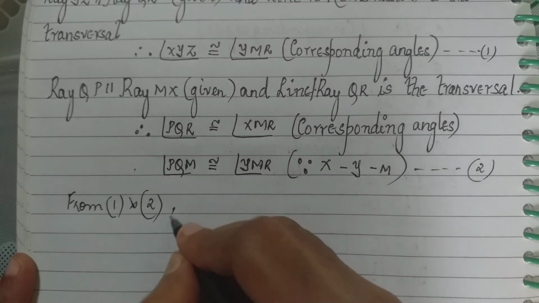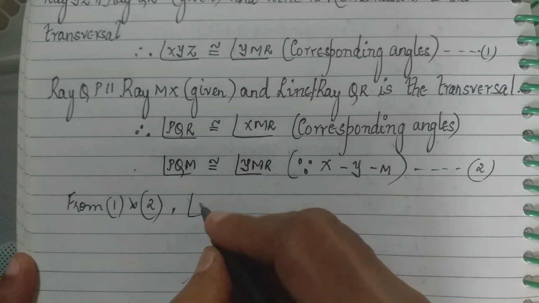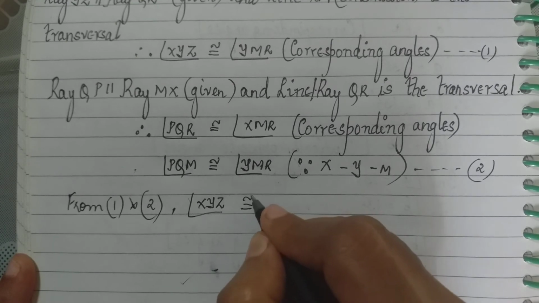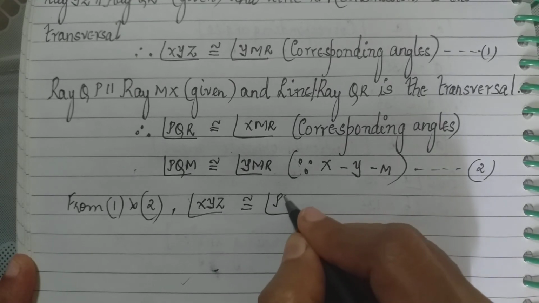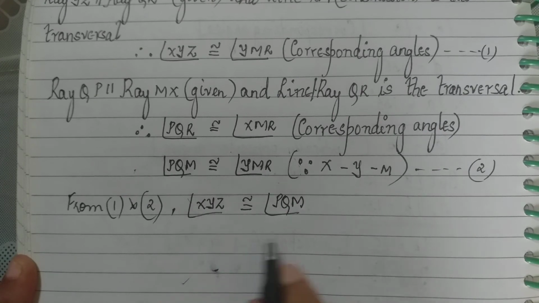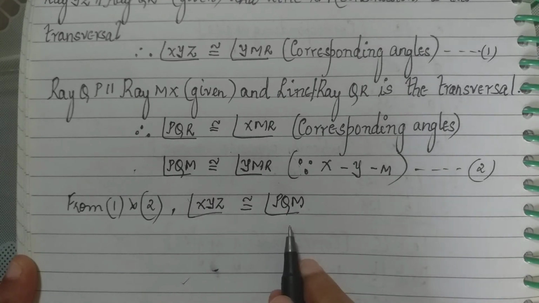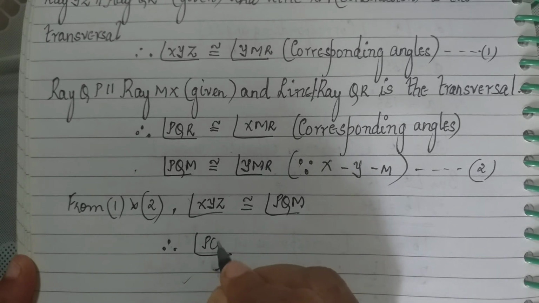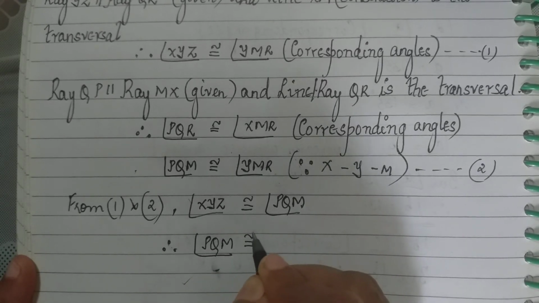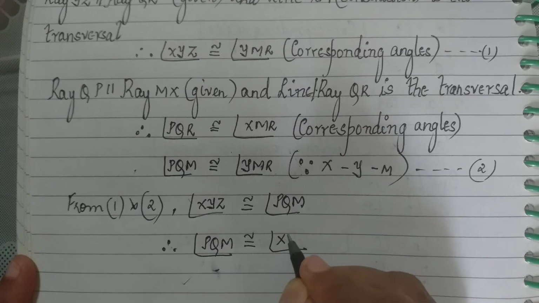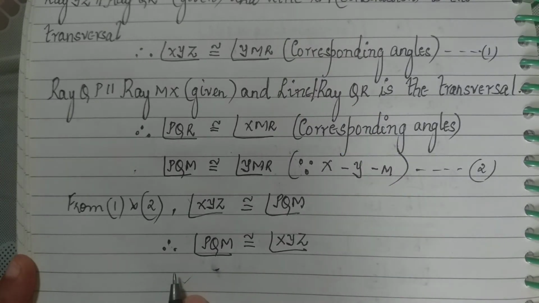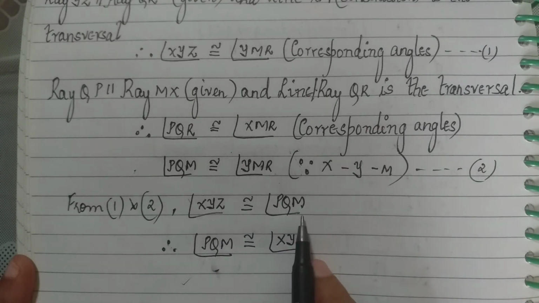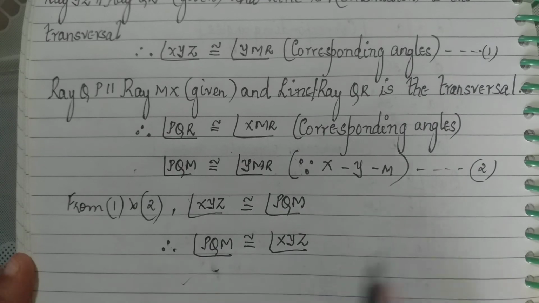So I write angle XYZ is congruent to angle PQM. If I say angle XYZ is congruent to angle PQM, can I write therefore angle PQM congruent to angle XYZ? I have just changed the sides. It is the same thing. Therefore, angle PQM congruent to angle XYZ. The right side is written as the left side and left side is written as the right side.